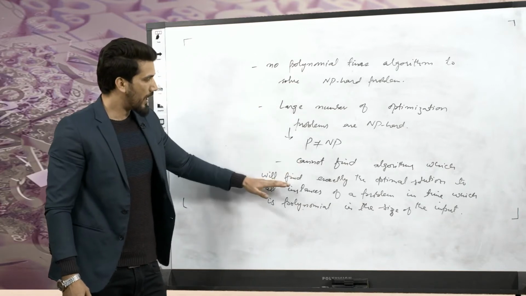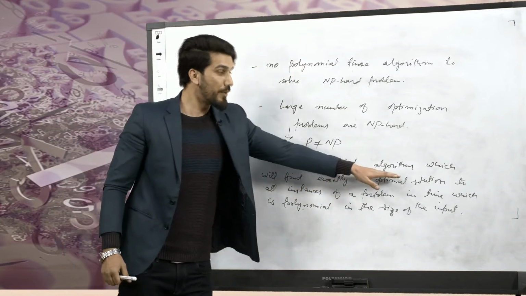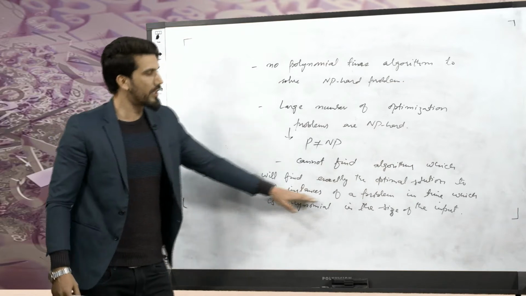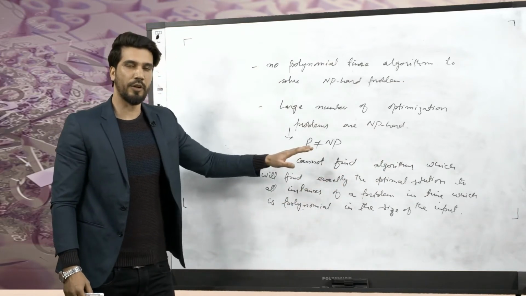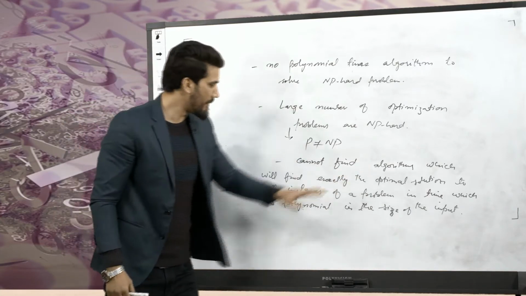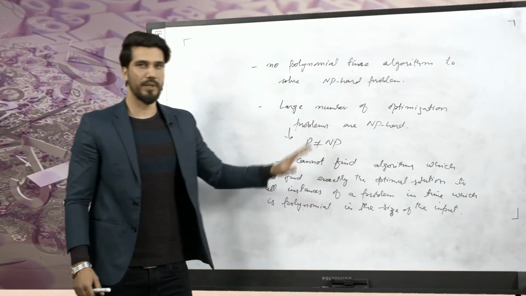So, we cannot find exactly the optimal solution to all instances of an optimization problem in the time which is polynomial in the size of the input.